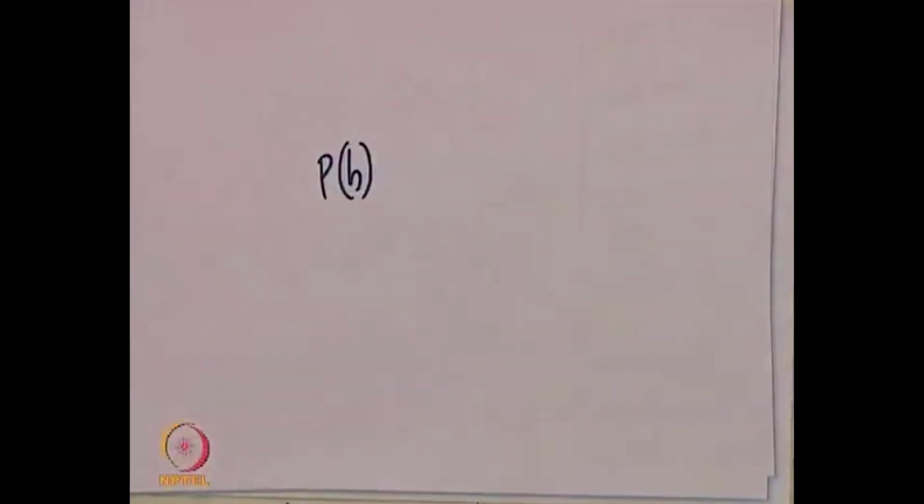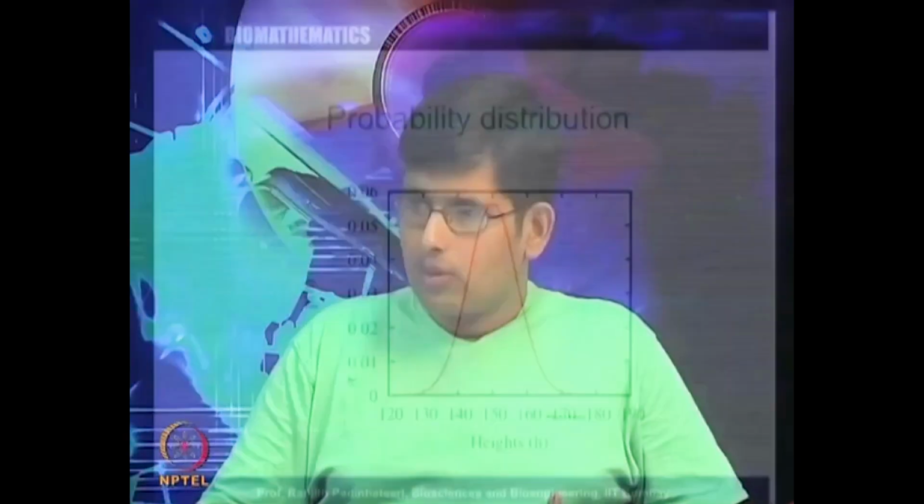If you typically plot this, you take a large number of students in your whole school, or many schools, calculate P of h and plot it, how will it look? It might look like this. So, have a look at this.